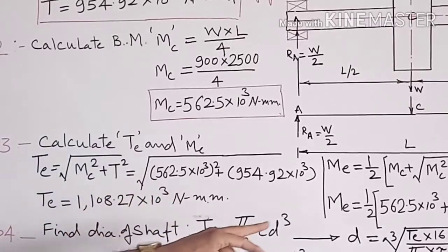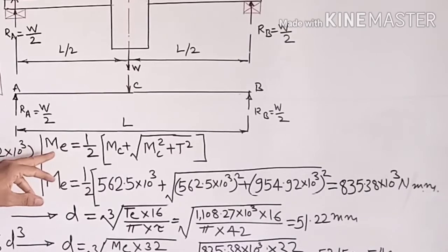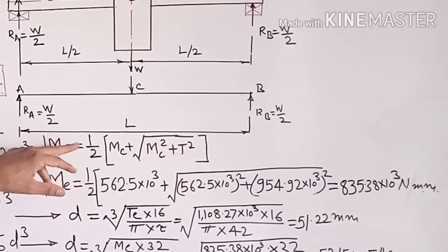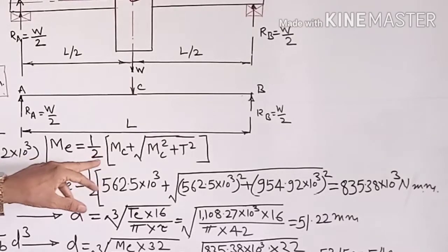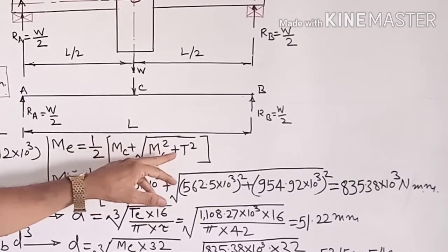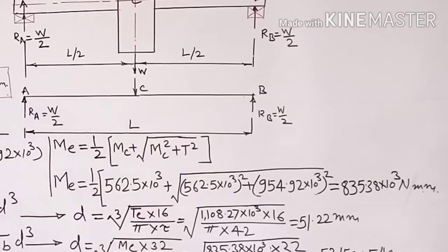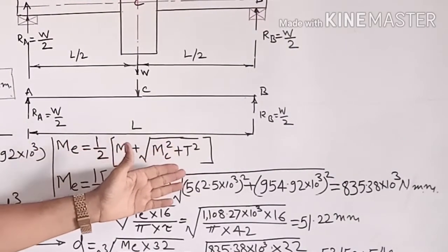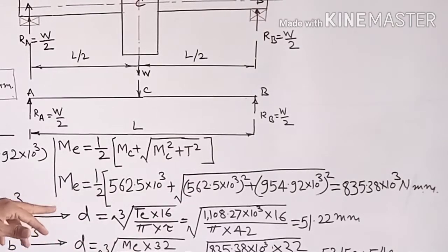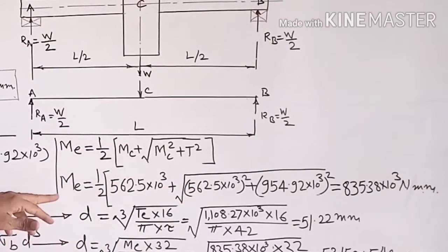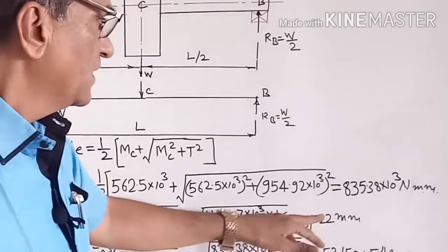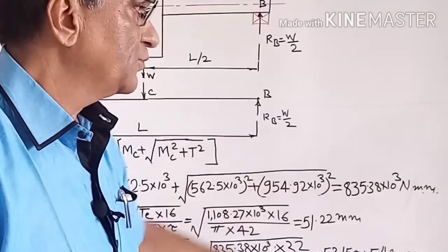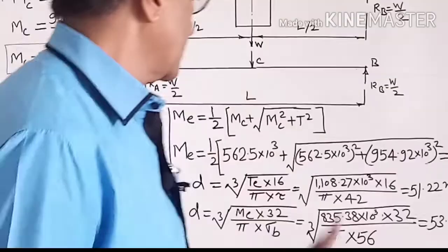Now we will calculate the equivalent bending moment from this formula: ME is equal to 1 upon 2 in the bracket MC plus root of MC square plus T square. Putting the values of MC and torque T, ME is equal to 835.38 into 10 raised to 3 Newton millimeter.